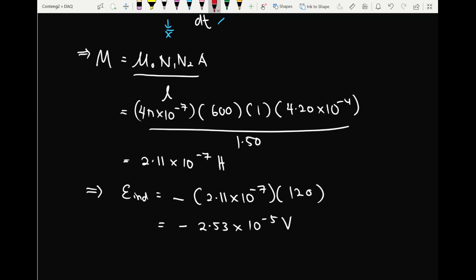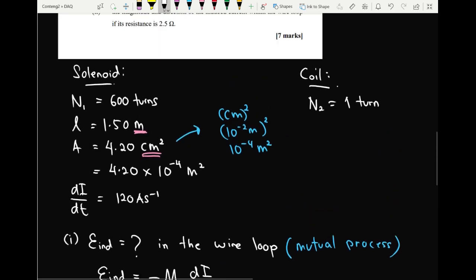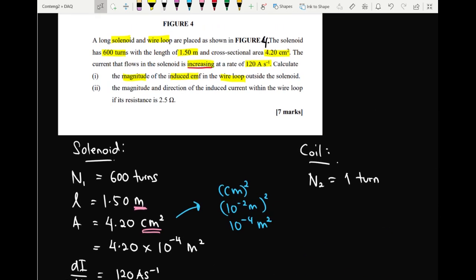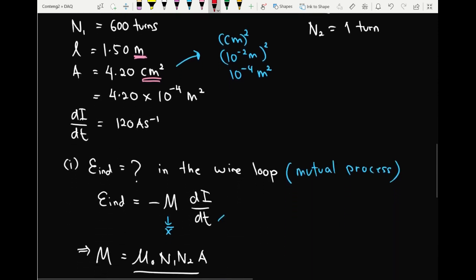We get the negative sign because the rate of change of current is increasing, positive. And we want to determine the magnitude, which is just the value.